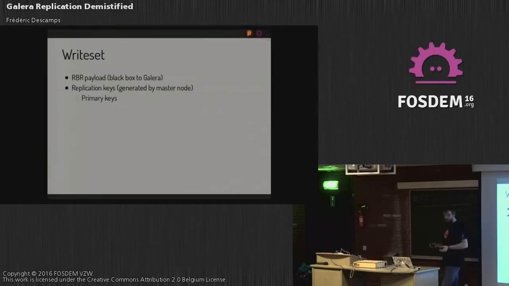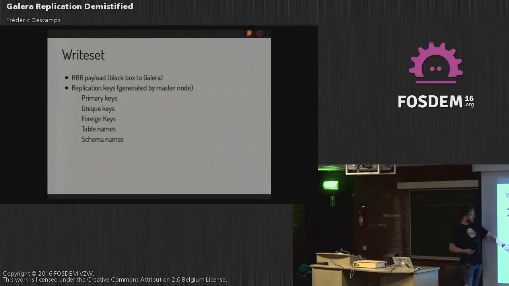If you remember, or if you have been using Galera for a long time already, at the beginning, if you did not have a key, it was very bad. You should have primary keys. With tables without primary keys, in the very early age of Galera, you could not even work. So primary keys, unique keys, foreign keys, table name, and schema name, all these together will be part of the write set to be able to do the certification, to see if there is a conflict in the data we are writing, right?